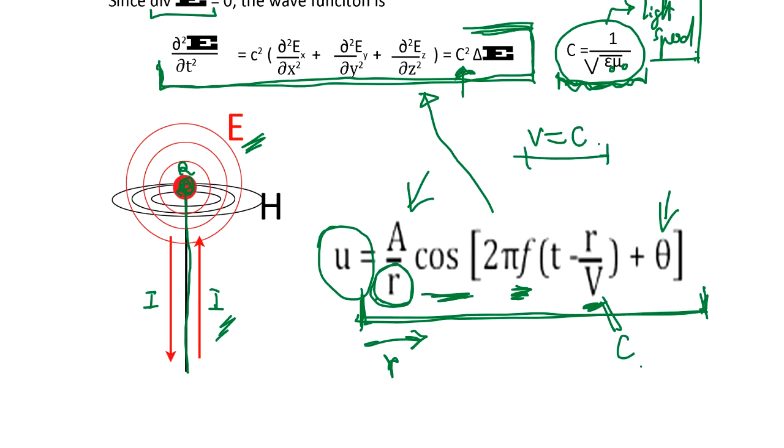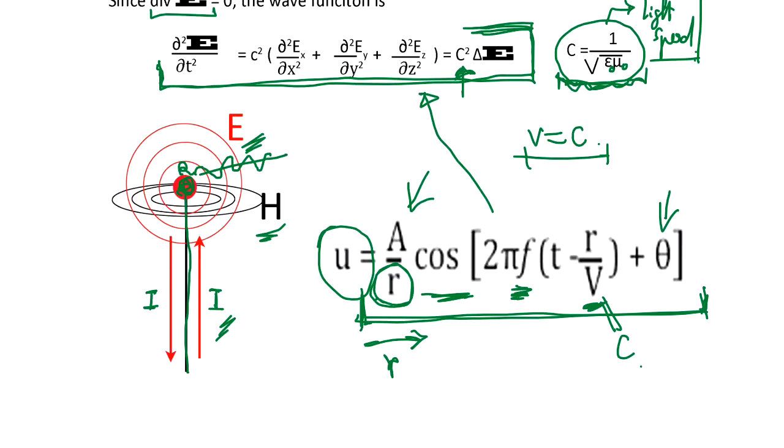Now, if you look at this antenna configuration, when E goes up and down like that, the H is generated. Remember Maxwell's law?